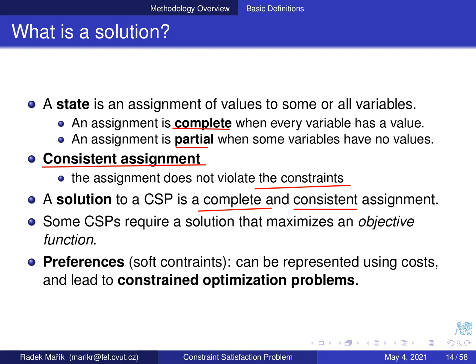And as I mentioned, in some CSPs, we can maximize an objective function, and that leads to constraint optimization problems. Or we can have so-called soft constraints, so-called preferences, and they basically relate the problem to the cost, and again they lead to constraint optimization problems.